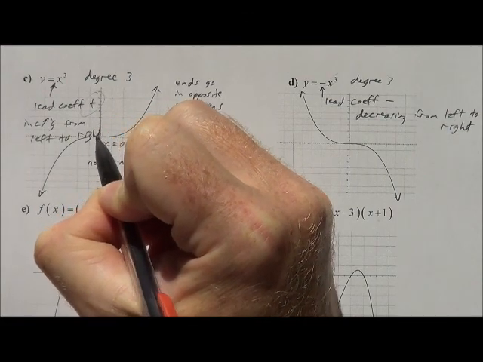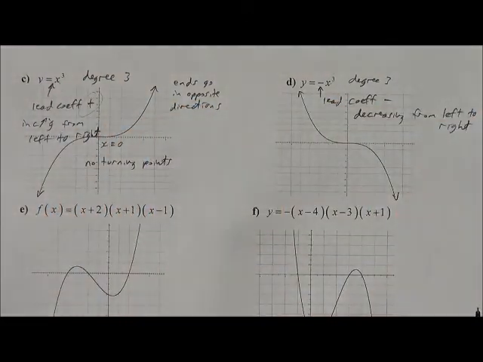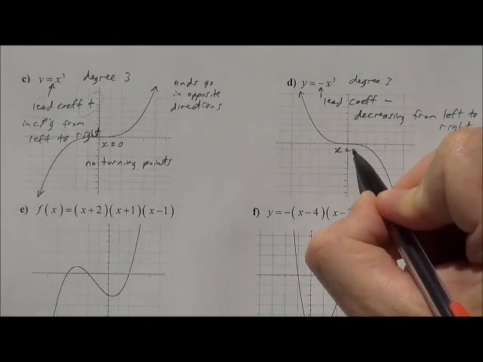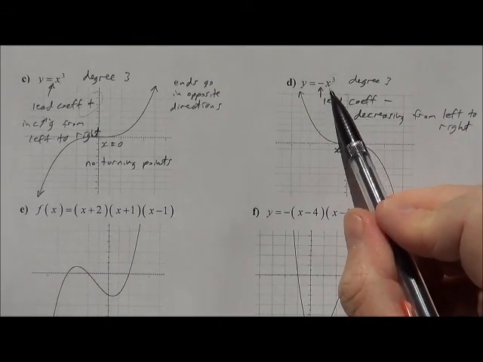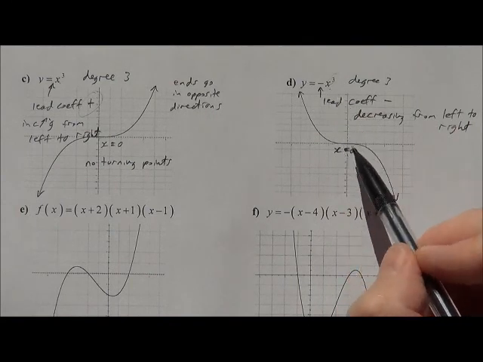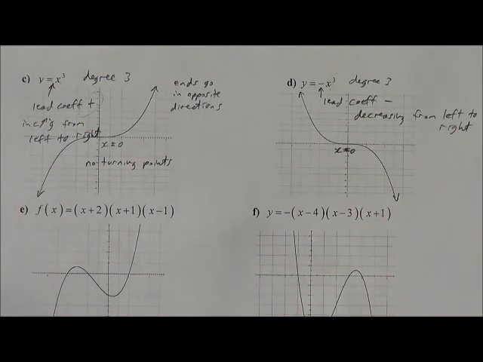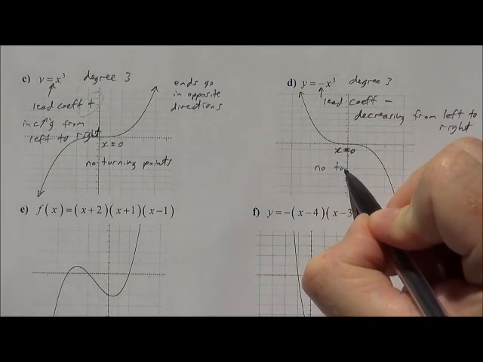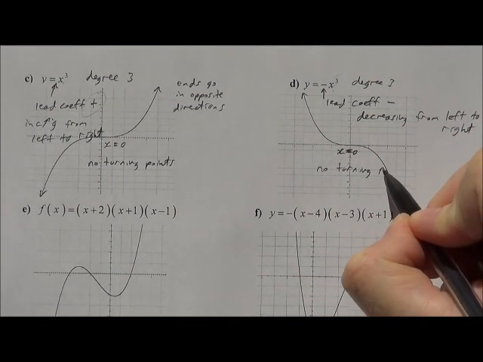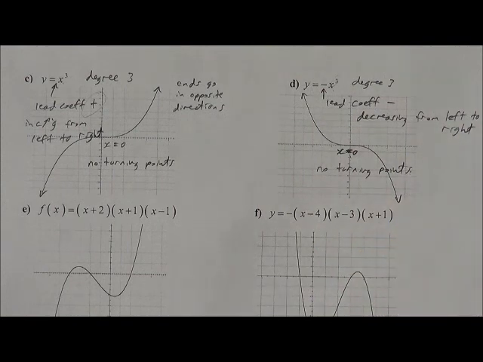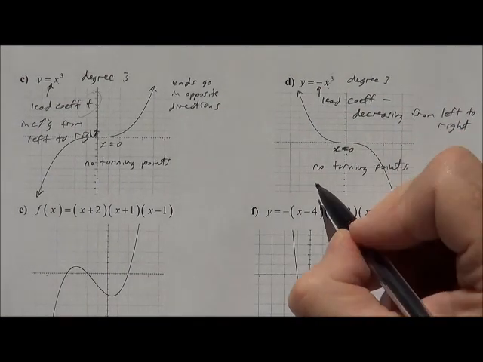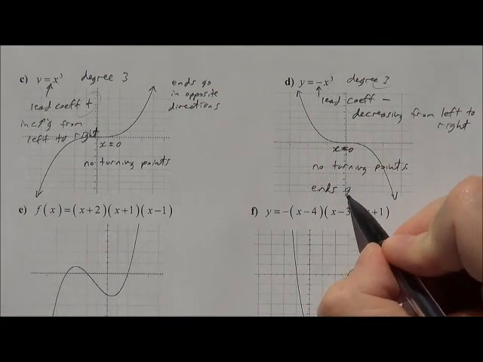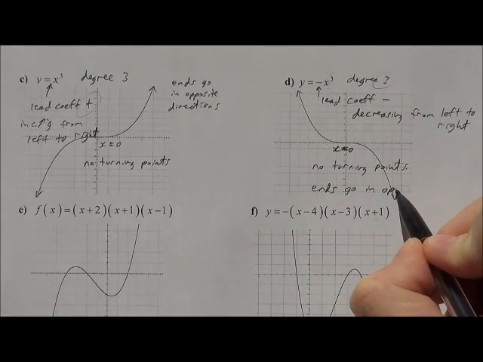The zero is x equals 0. Notice the factor there, and the zero, x equals 0. Turning points, again, no turning points. And for the end behavior, because it's degree 3, the ends go in opposite directions.